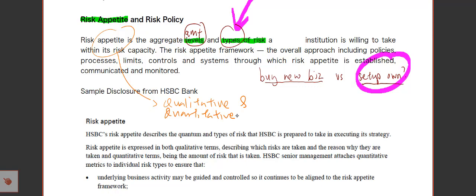Okay, for example, I'm prepared to accept market risk, and I'm prepared to accept equity price risk. So I'm telling you that I'm all right with investing in shares. Now that can be a more qualitative description of what the risks are.